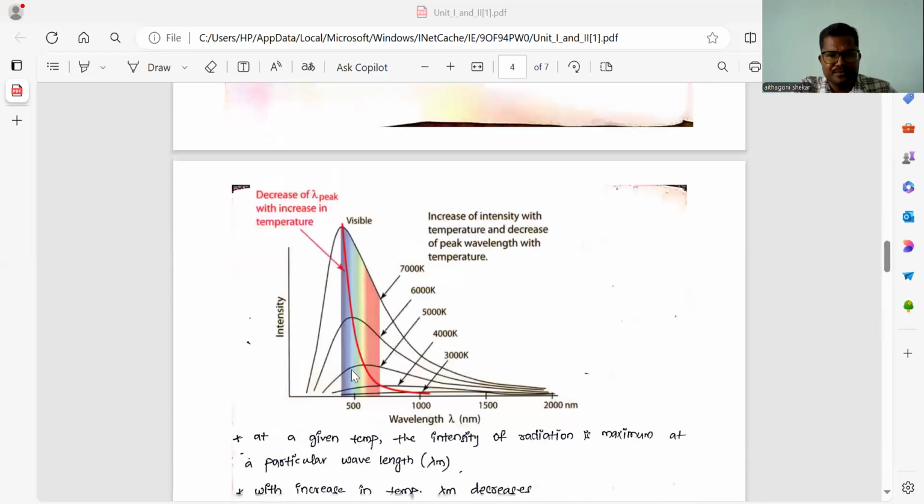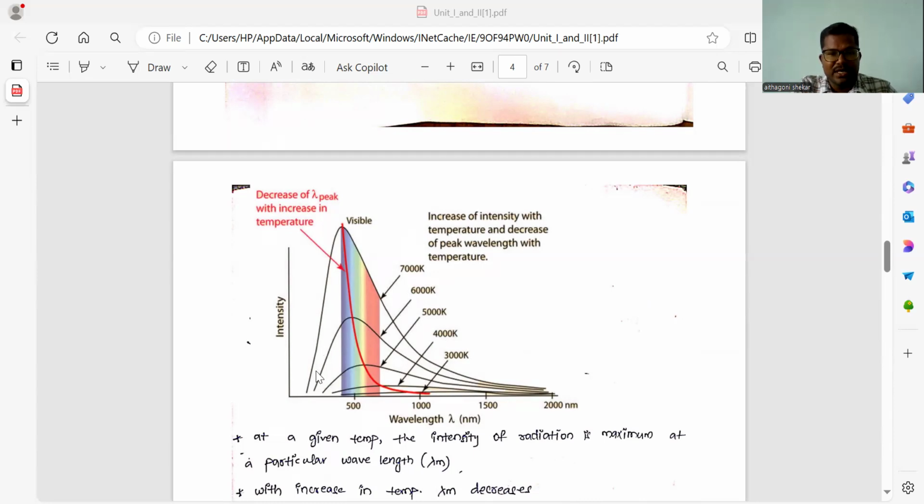Intensity is on the y-axis and lambda on the x-axis. But E is, according to Rayleigh-Jeans, inversely proportional to lambda power 4.